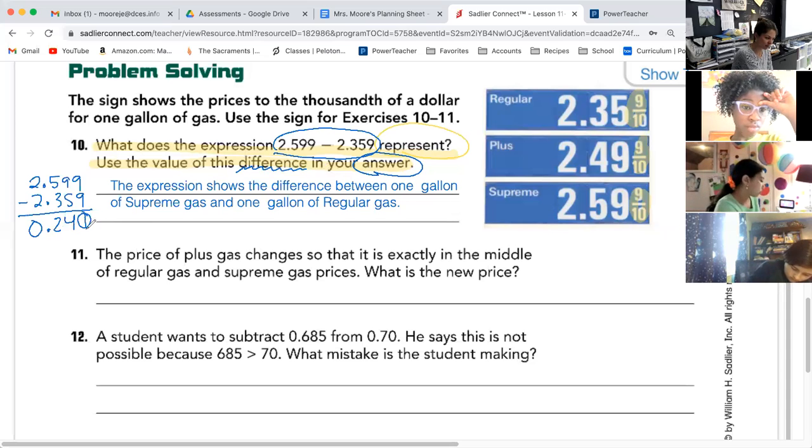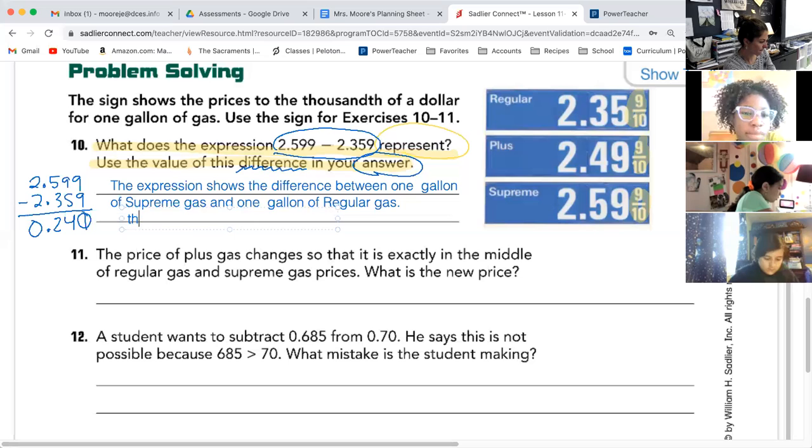We can cut this 0 off the back. It carries no value. 24 cents, essentially. The difference is 24 cents, since we're talking about money here. Okay, we'll just add that in the back here. The difference is 24 cents. Now sneak a dollar sign in there. So it looks like $0.24. Good.